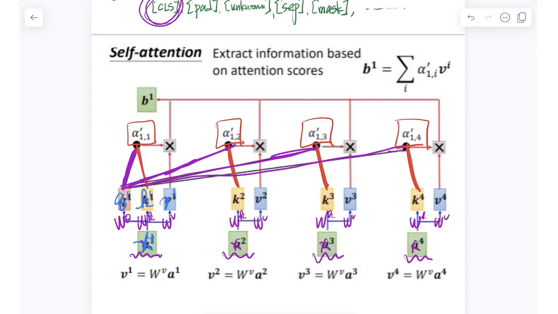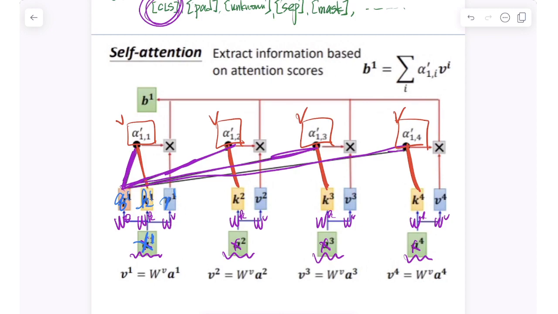They try to figure out whether Q1 and K1 are similar or not, whether Q1 and K2 are similar or not, and Q1 and K3, and Q1 and K4, by using this alpha value. So there are alpha 1,1, 1,2, 1,3, and 1,4.